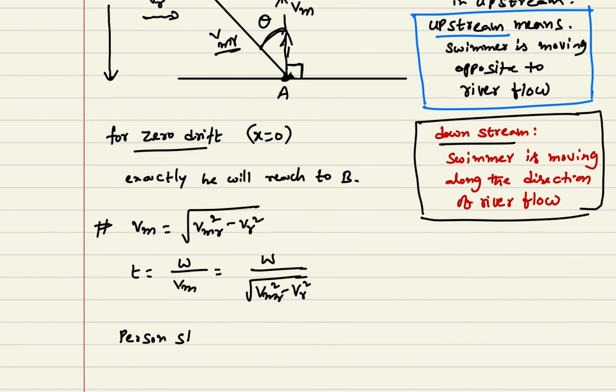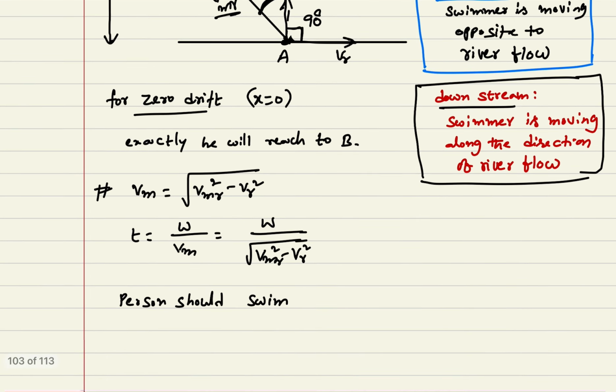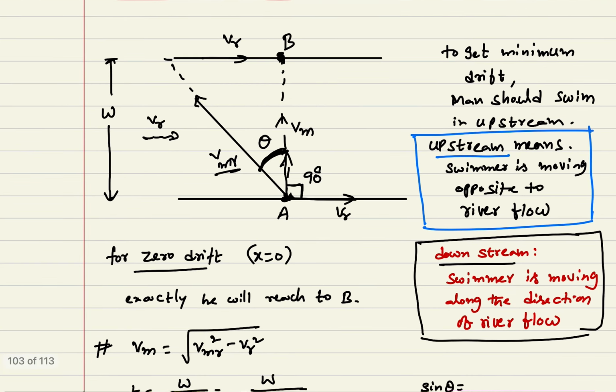And what direction does he have to move? The person should swim at an angle. We can see how much angle he is going. He is moving at theta and 90 degrees with the river flow. We can write this as swim at an angle of 90 degrees plus theta. What is theta here?